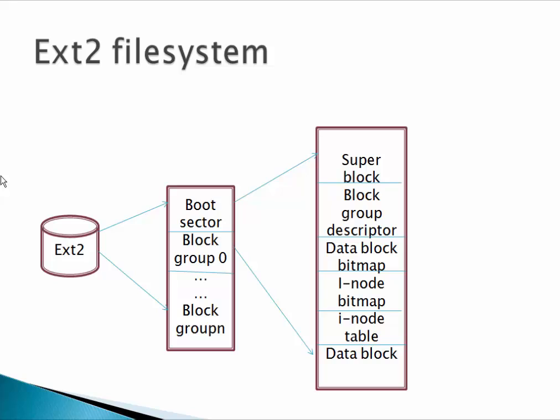A block group is made up of different components, so let's discuss them. Superblock. Superblock is one of the most important things in your file system, and the entire information about your file system is stored inside it.